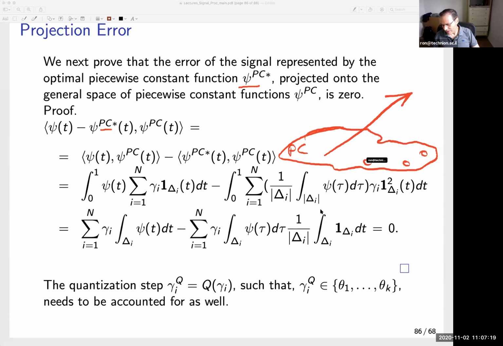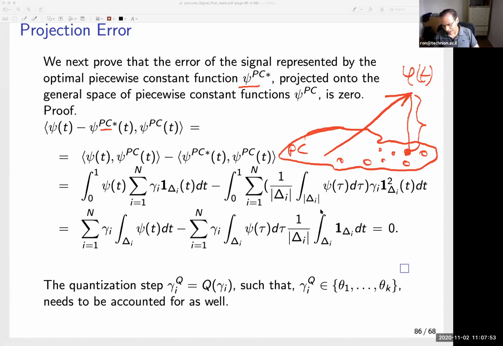What we will show is that when we project our signal psi of t onto the space of all piecewise constant functions, then the error is orthogonal to the space of piecewise constant functions, which means that there is no other piecewise constant function that would better represent my signal, which is not a big surprise, but still, it is nice to show.